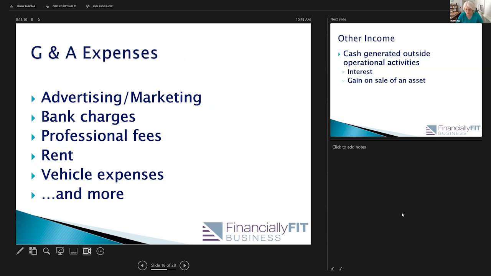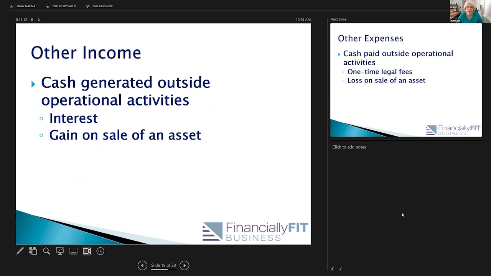Now, for those of you who occasionally have what I call other income, it's cash generated outside of operational activities. For example, if you get 2 cents of interest on one of your savings accounts, that's other income because it was generated by an asset. It wasn't generated by producing revenue, okay?